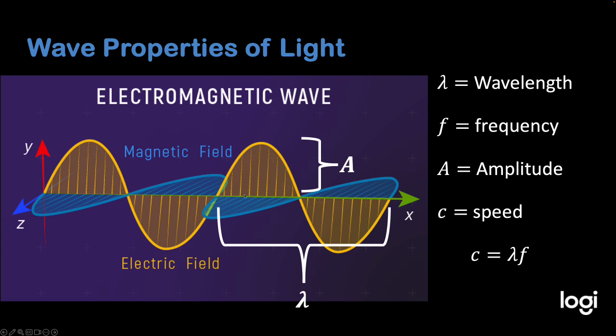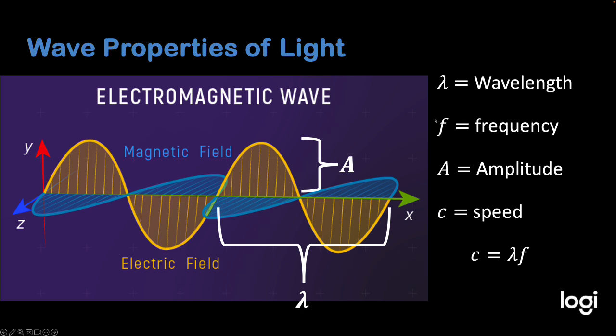This would be one full wavelength, because we have to go from up to down and back to where we started for it to be one full wavelength. That is something we would usually write with this Greek letter lambda, and that's the wavelength of our wave, or of light in this case.